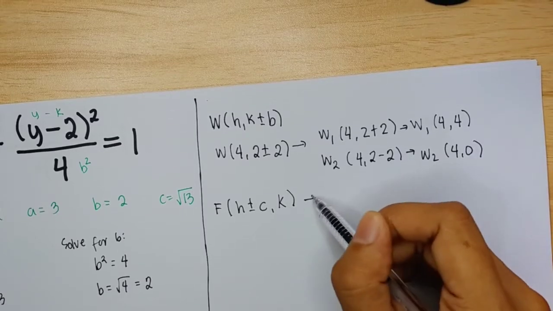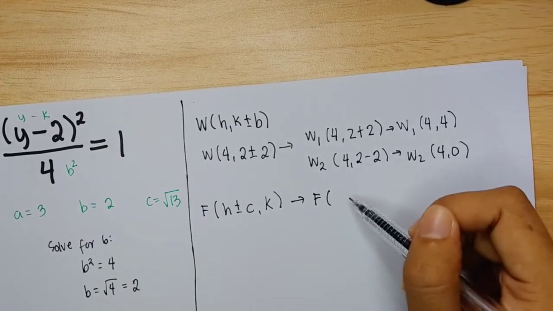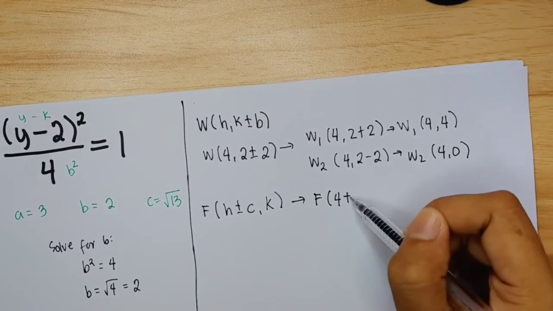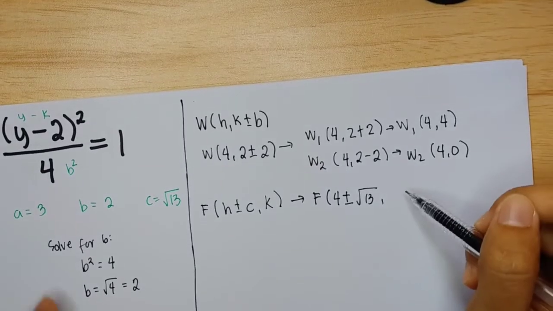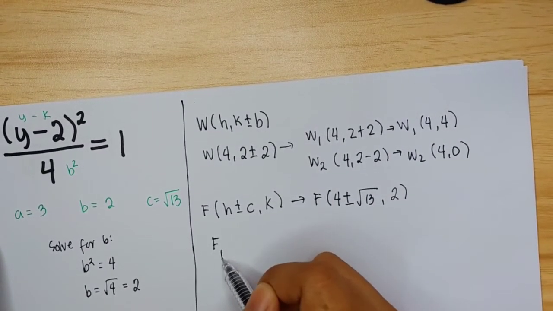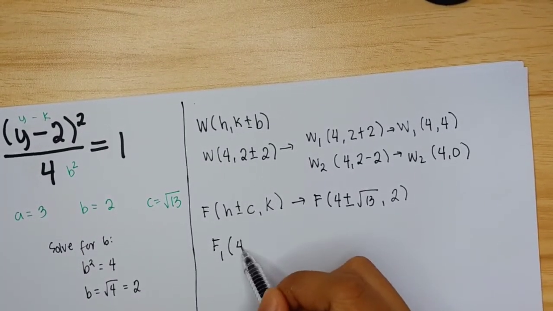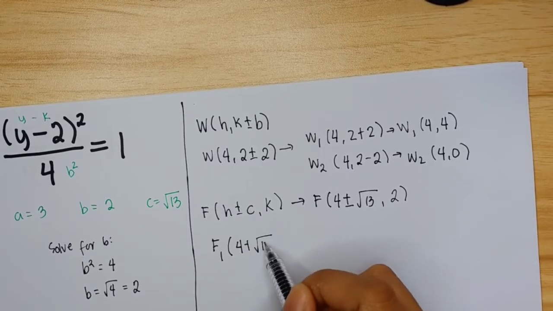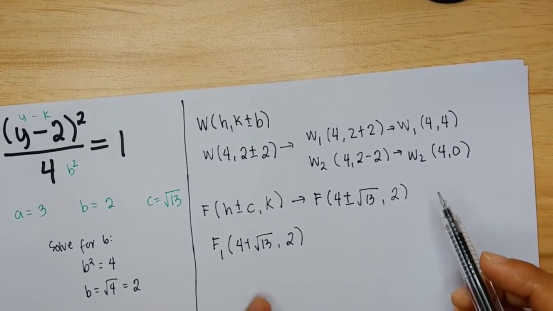So, this will be yung F natin is, ano yung h? 4 plus minus square root ng 13. Then, copy yung k na 2. So, our F1 will be (4 plus square root ng 13, 2). Okay.